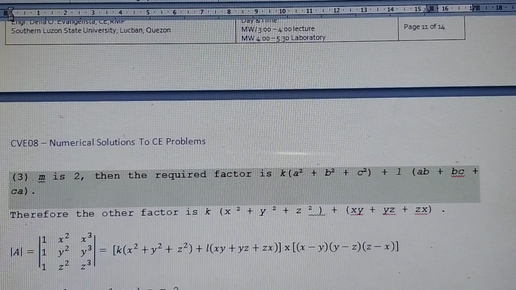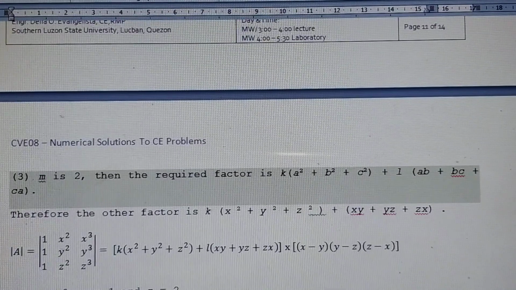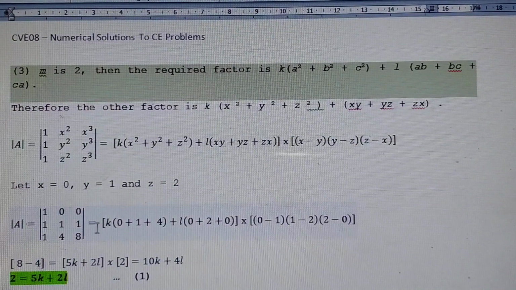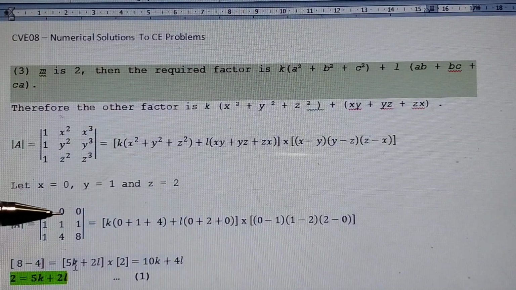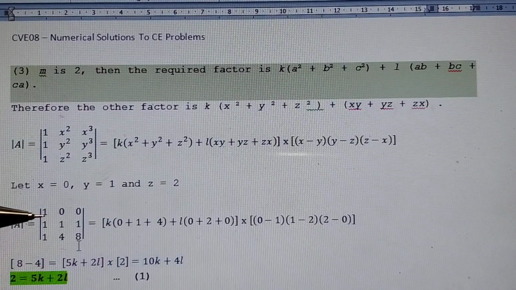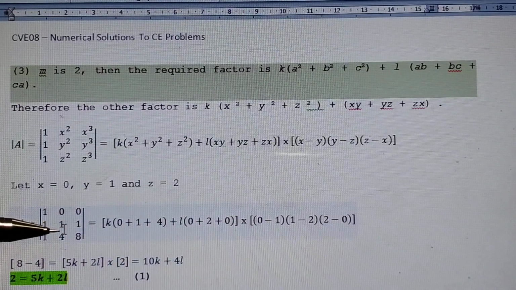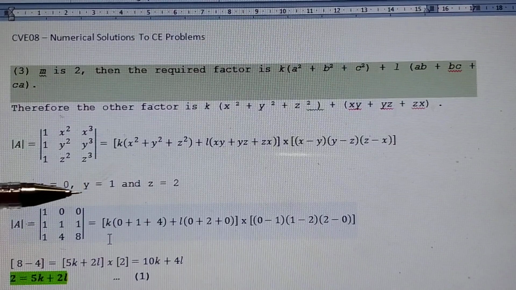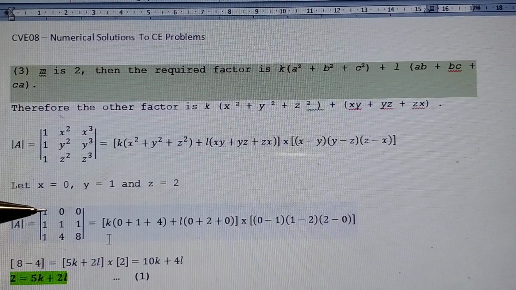Then, letting x is equals 0 and y is equals 1 and z equals 2. So, any number na mapapadali mo, na makakapag-eliminate ka, mai-apply mo na ngayon yung tinatawag nating minor nito. So, kapag ini-substitute natin sa lahat ng to, ito yung magiging value niya.